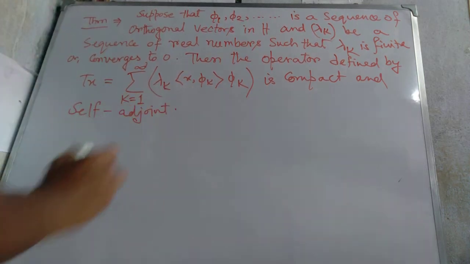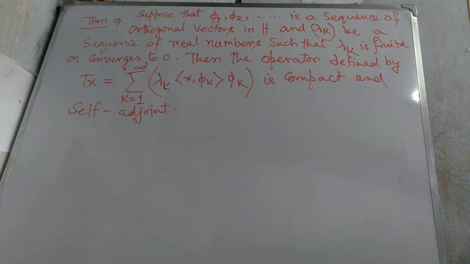So we have phi 1, phi 2, ..., phi n orthogonal vectors and lambda k a sequence of real numbers, finite or converging to 0. Then the operator defined by this is compact and self-adjoint. We have to prove that.